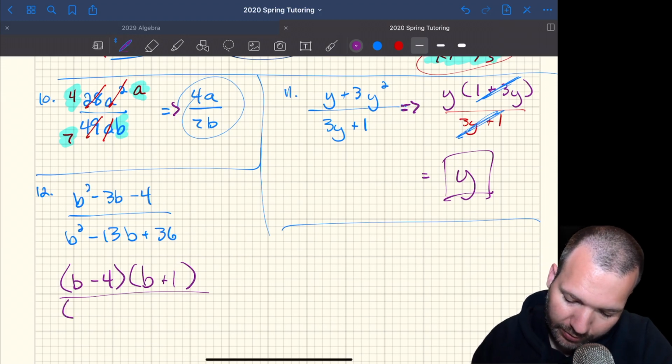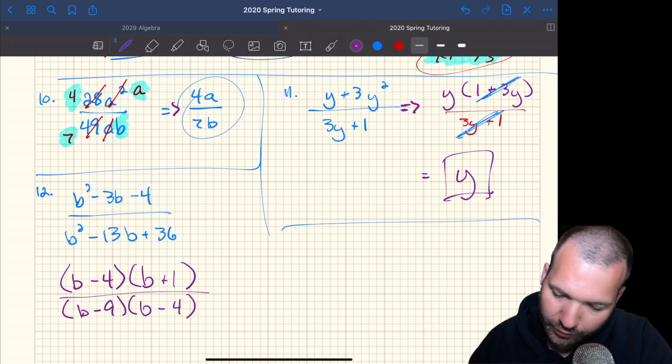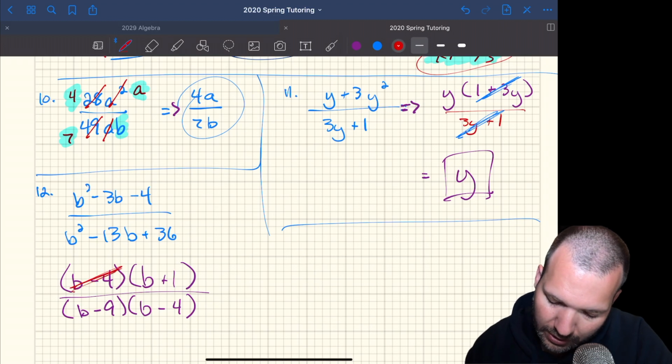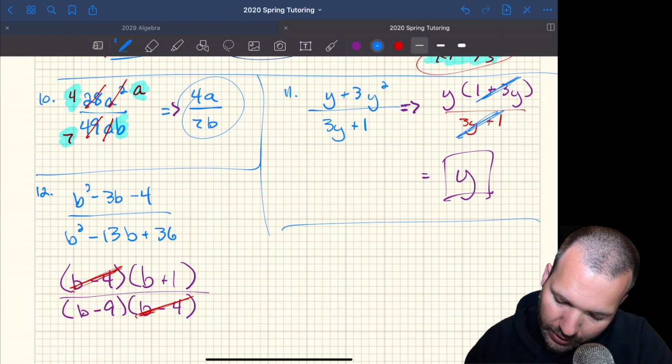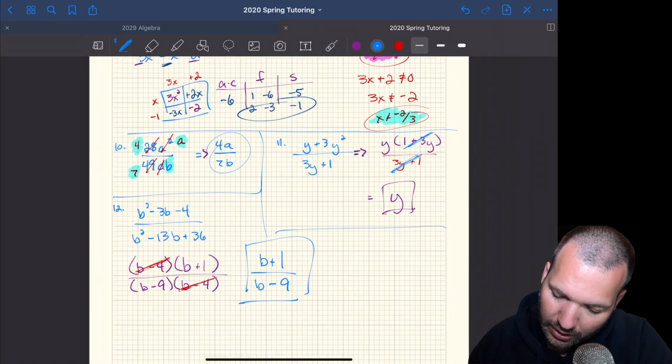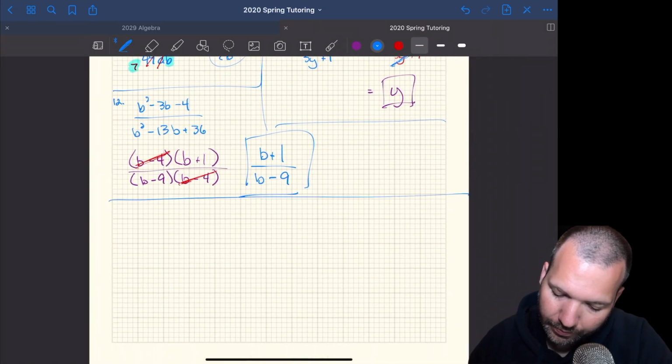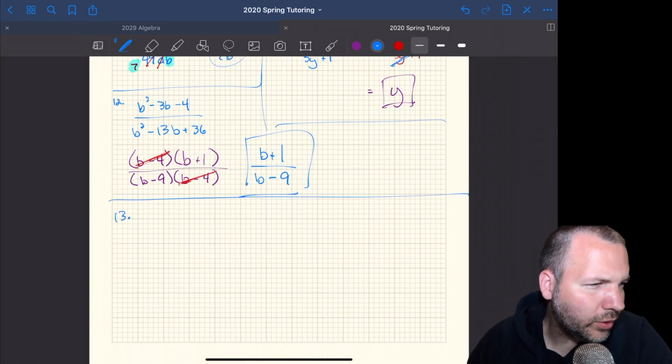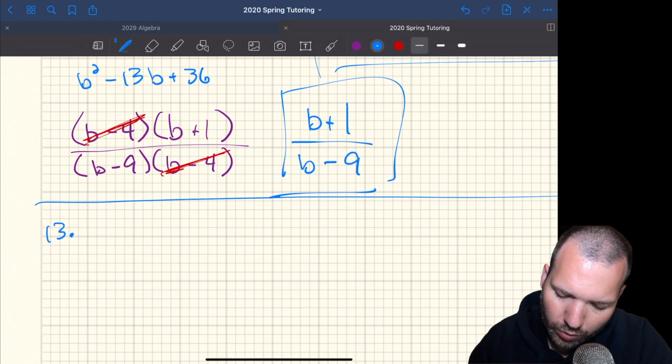Two numbers that multiply up to positive 36 but add up to negative 13 are negative 9 and negative 4. I can see that the b minus 4s cancel out, but it otherwise leaves me with b plus 1 in the numerator and b minus 9 in the denominator. Number 13. Ooh, some complicated factoring here.